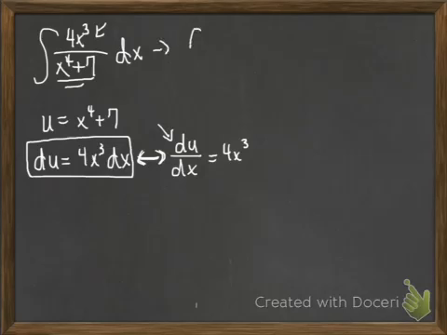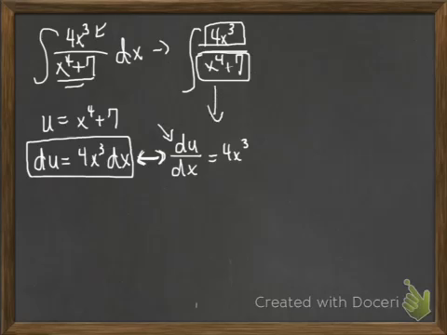So let's go ahead and look at the problem that we began with. Now we have the antiderivative, or indefinite integral, of 4x to the third over x to the fourth plus 7. Well, we can go ahead and substitute these values in, because we have both of these functions.